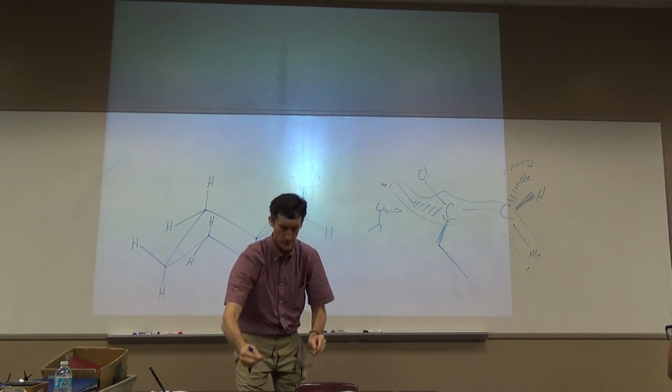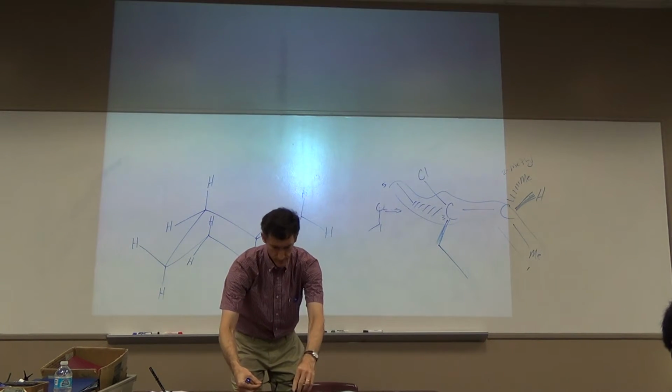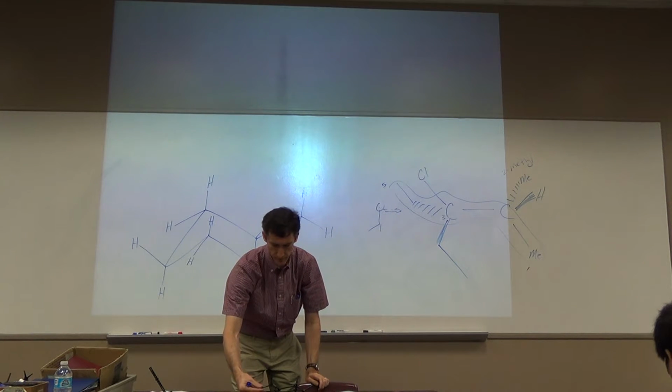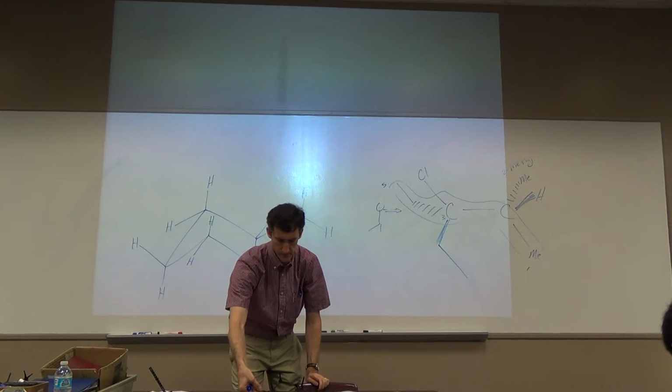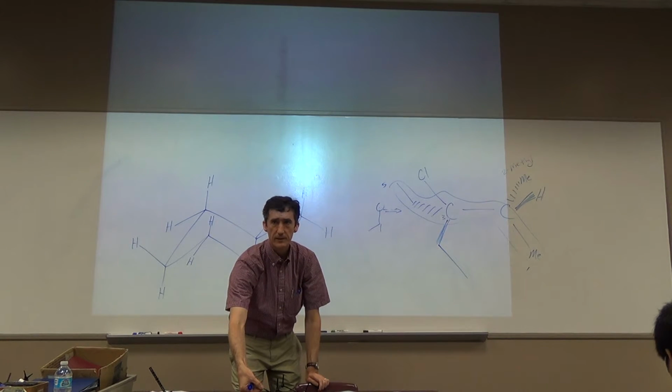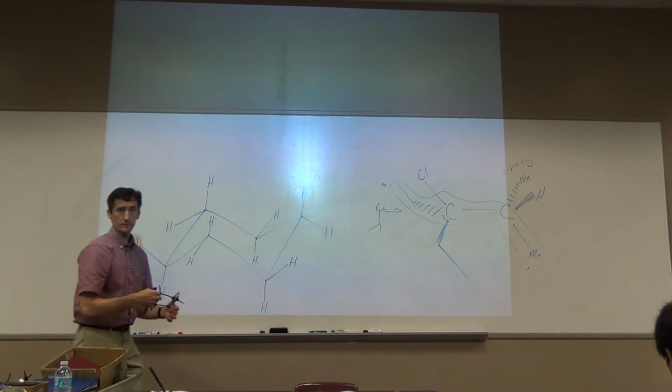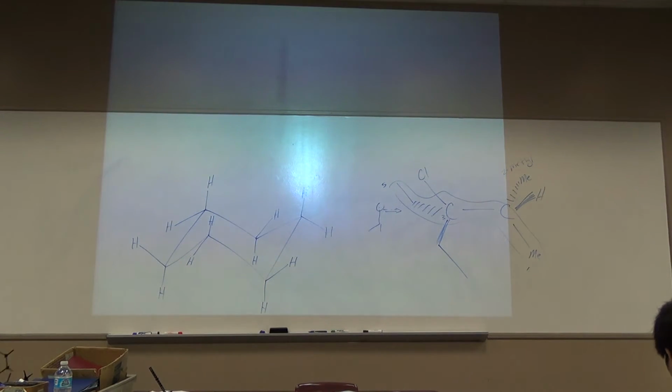Okay. There we go. This one's equatorial. If I flip it over, see that this one never hits the table. It's never straight up or straight down. There's 6 that never hit the table. There you go. There's a cyclohexane in what's called a chair conformation.